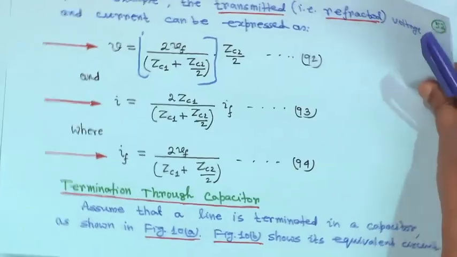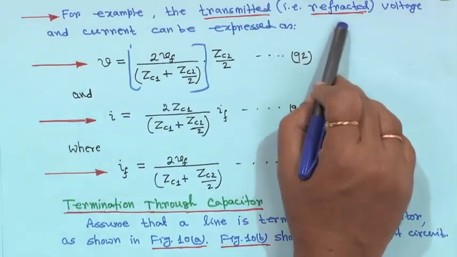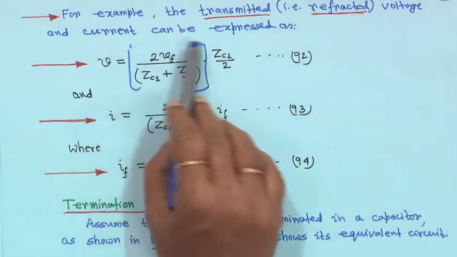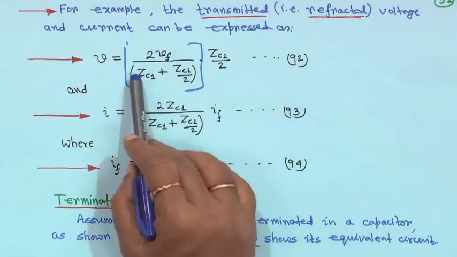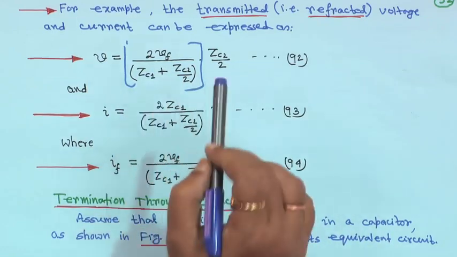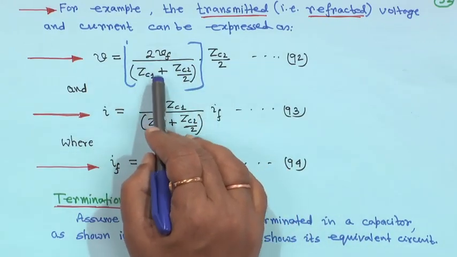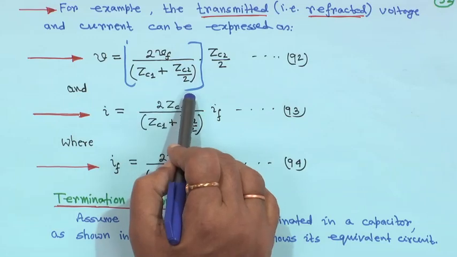Then the transmitted or refracted voltage and current can be expressed as in the previous expression. Just now we have seen that V was 2 Vf times ZC2 divided by ZC1 plus ZC2.